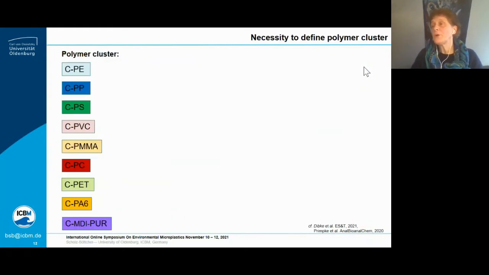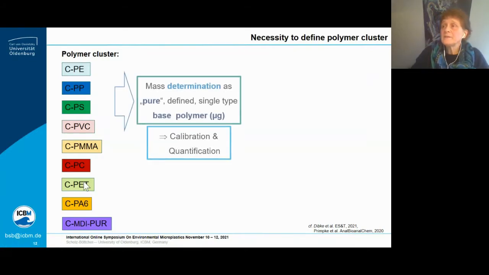What does it mean for identification? The polymer cluster is now defined, but for mass determination, we still use a pure polymer, which is very well defined, and we can do sophisticated calibration and quantification with it.